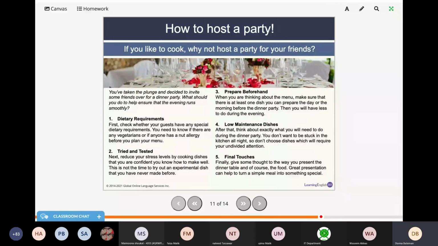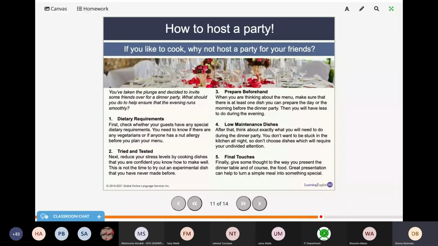Low maintenance dishes. Remember that was dishes that don't need a lot of your attention. If you've got your friends around, then you want to spend lots of time with your friends. You don't want to be in the kitchen next to the cooker all night, do you? And then they had some ideas about decoration.